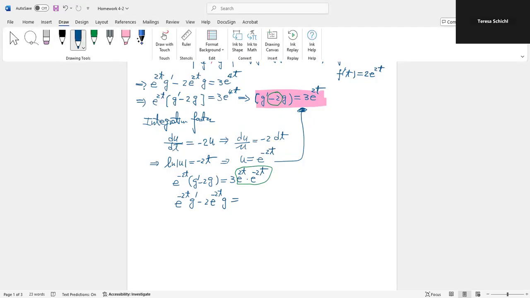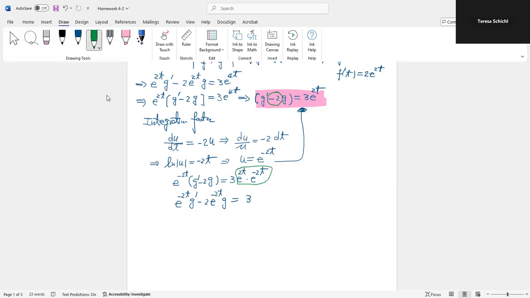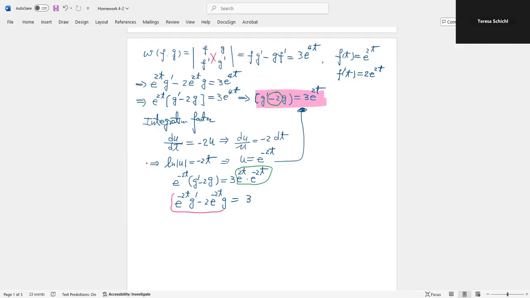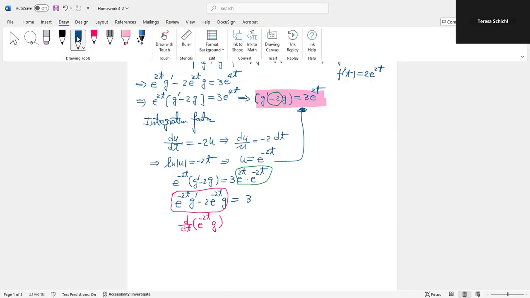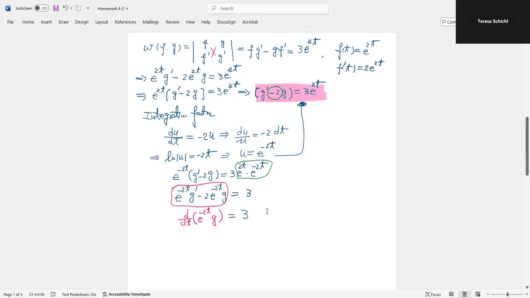So this is 3. Because it's the integrating factor, we can rewrite the left side as d/dt of e^(-2t) times g, using the product rule. We did a lot of those problems when we worked on first order differential equations.